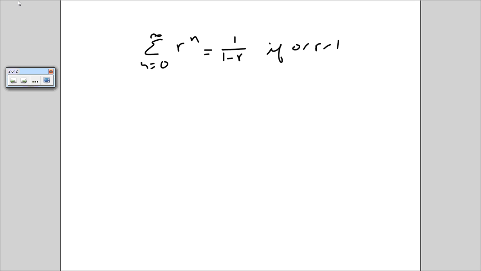The big difference between our problem and the one I just wrote down is r is p. No, actually, that's not true. R is 1 minus p. Instead of r, I put 1 minus p.